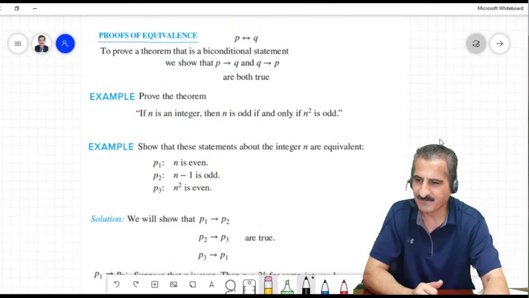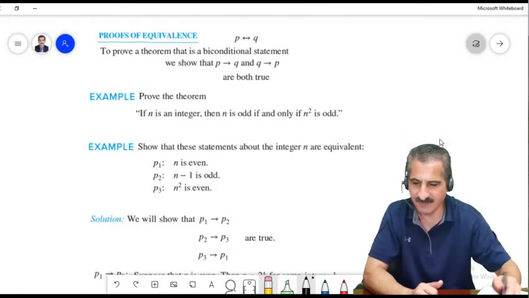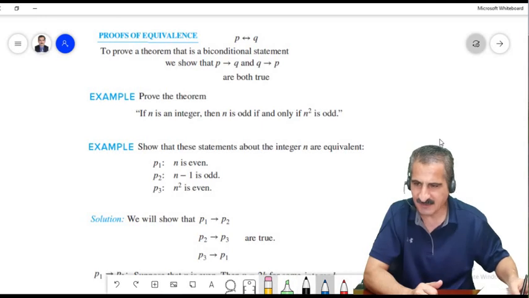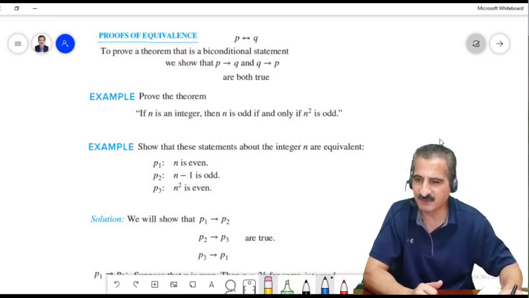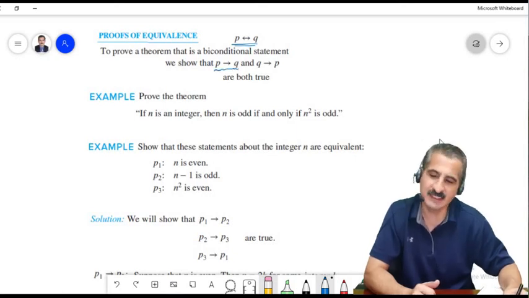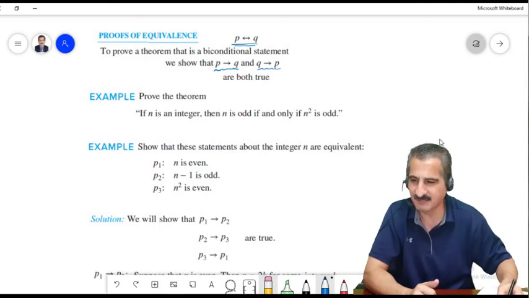Okay. Now this is very, very commonly used in mathematics. It says some statement P is equivalent to Q, which means P gives Q and Q gives P. And then we will say if and only if. An example here: n is odd.